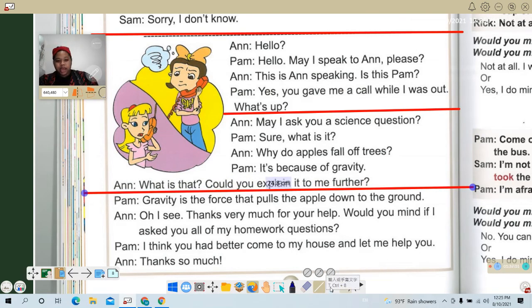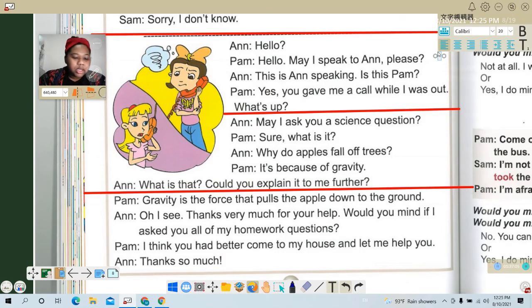Okay, ready? Here, let's have Anne and Pam. So, who didn't read yet? Okay, it's Anne, Pam. Alright. So, here, let's have Jenny and then Eugene.